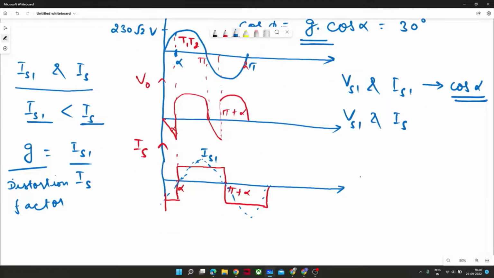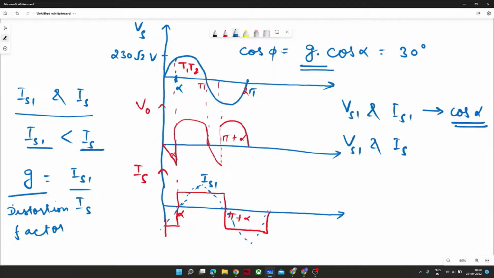Sir, please explain this again. Okay, why do we multiply G? See, earlier this alpha was the angle between VS1 and IS1, but we need a relationship between VS and IS, right? So there is a relationship between IS1 and IS.